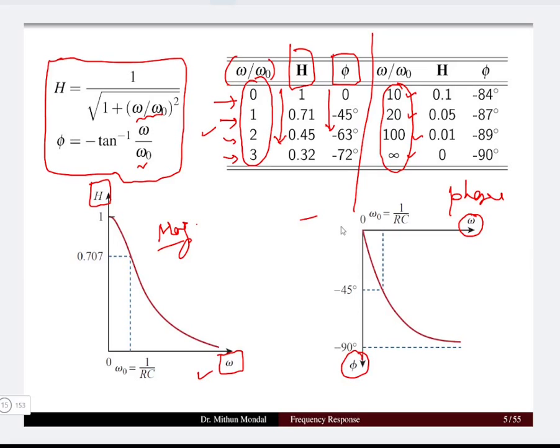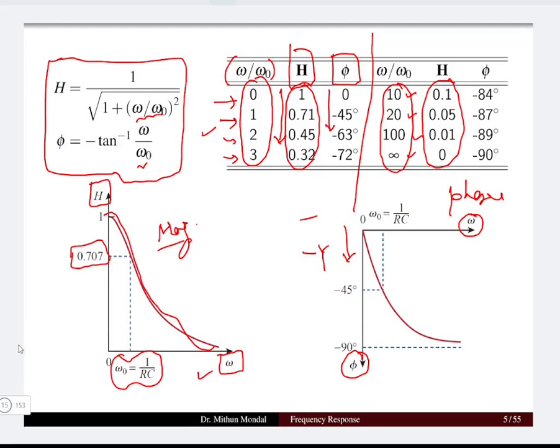Since we have the negative direction, we are going in the negative y-axis. So all these values of H with respect to the frequency we are plotting to get the magnitude plot. We can say that at omega naught equal to 1 by RC, the value is 0.707, that is 70.7% of the maximum value.